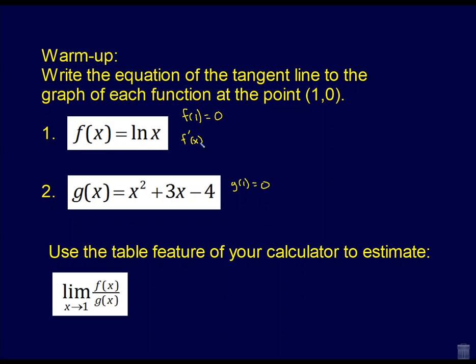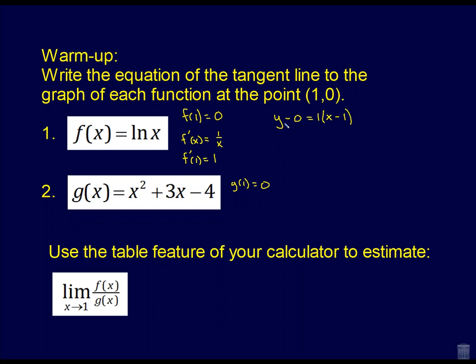So the derivative of the logarithm function is 1 over x. And so the slope of the tangent line at the point 1, 0 will be the derivative evaluated at 1, which is going to be equal to 1, which makes now the equation of the tangent line in point slope form, y minus 0 equals the slope 1 times x minus 1.